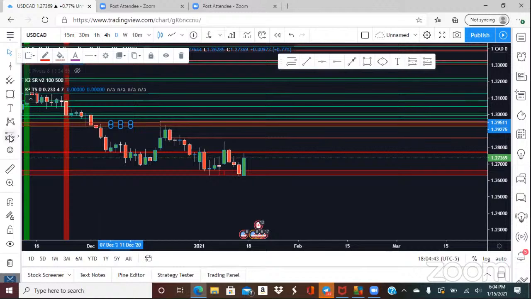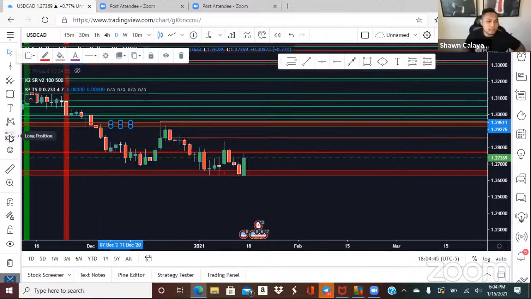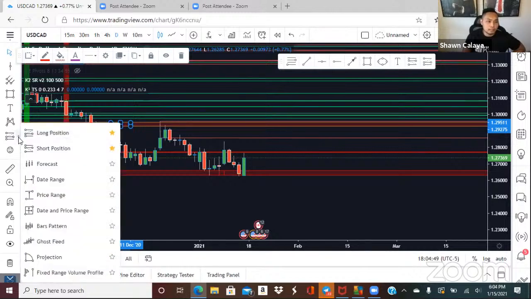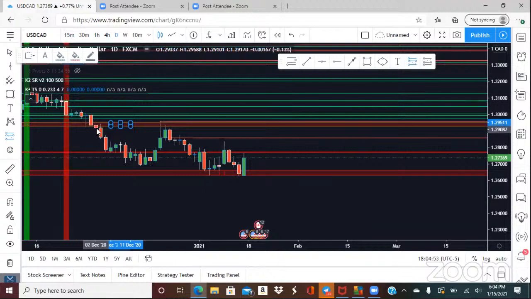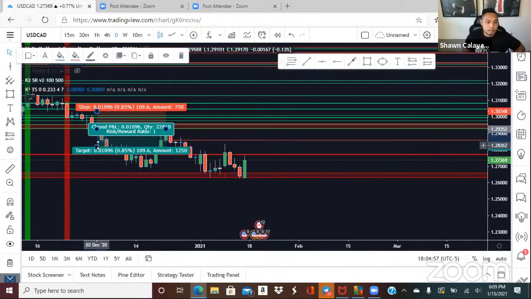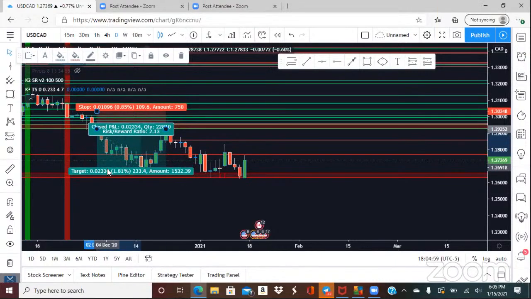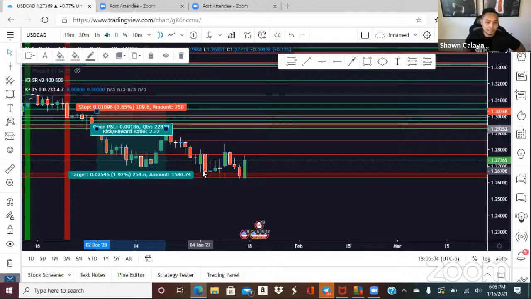So this is the tool. Just click that little one right there, and then it'll drop down to the short tool. There you go. So from here we would have entered. Now I would have rolled this all the way down to even the lower zone right there. If you really wanted to hold that long, you could have.